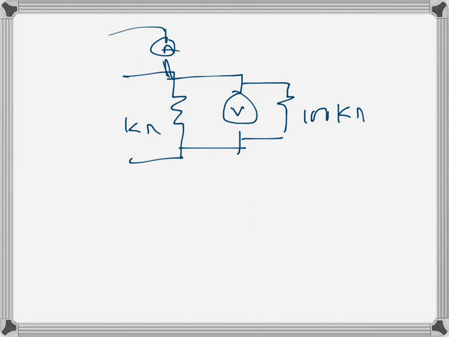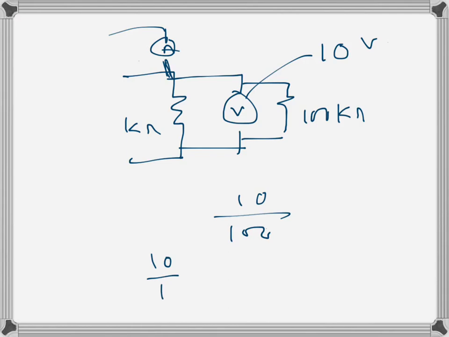So the current that it will draw now will be much less, because if we apply the current divider rule, we know that this is the total current. If you are aware of the current divider rule, I don't know if it is known to you, but if not, then I will just talk about it from here. So let's say this voltage is 10 volts, so 10 over 100 kilo ohms, and this will be 10 over 1.